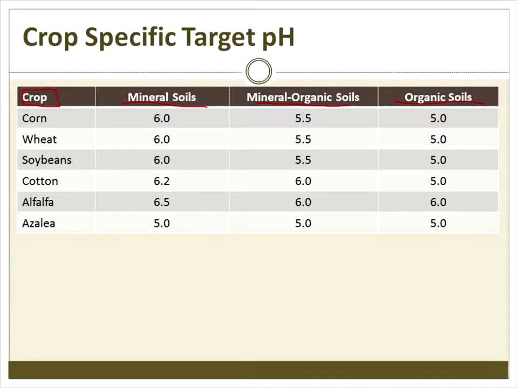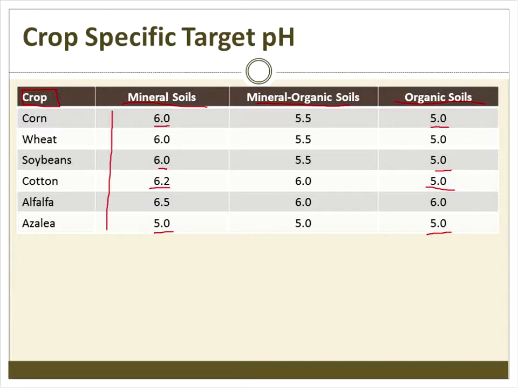And so you see things like corn has a target pH of 6 in a mineral soil and a target pH of 5 in an organic soil. You know, soybeans 6 versus 5. Cotton 6.2 versus 5. Then you get to something like alfalfa. It's 5 versus 5. All right. So you can see that there's a change as we go down in this direction.